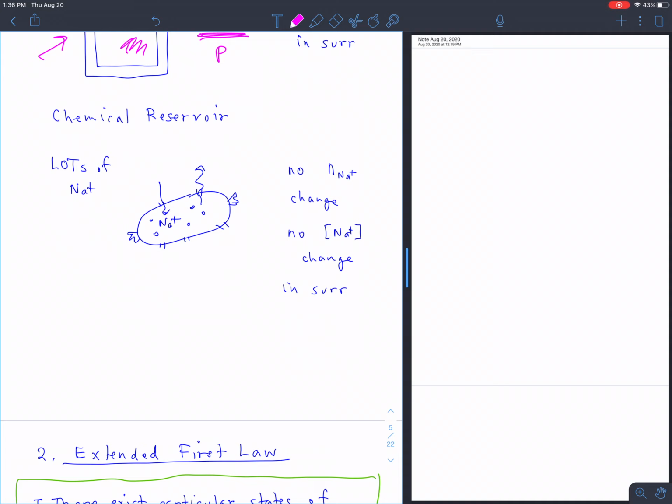And finally, there can be a chemical reservoir, which does the same thing for mole numbers for chemical species as a heat reservoir or a volume reservoir does for temperature and pressure. So in this case, let's suppose you've got a dialysis bag here. That's a common case where you've got a permeable wall surrounding a system.